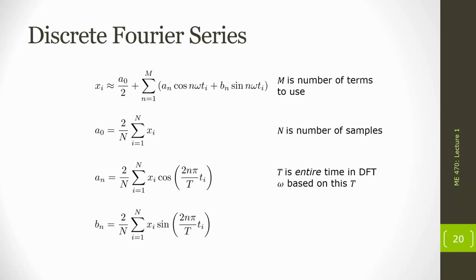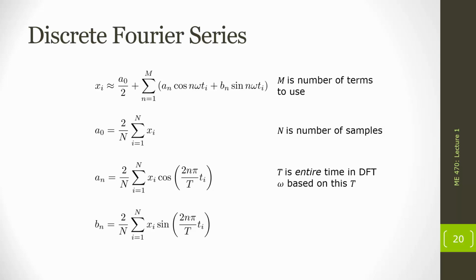If we look at that top equation, since we're taking omega and then 2 omega, 3 omega, the smaller that initial value of omega is, the smaller the difference between all of those omegas is going to be. All right, so for the an, we're taking our signal times the cosine of this term, and for the bn, we're taking the signal at each timestamp i times the sine of 2n pi over T times t_i.